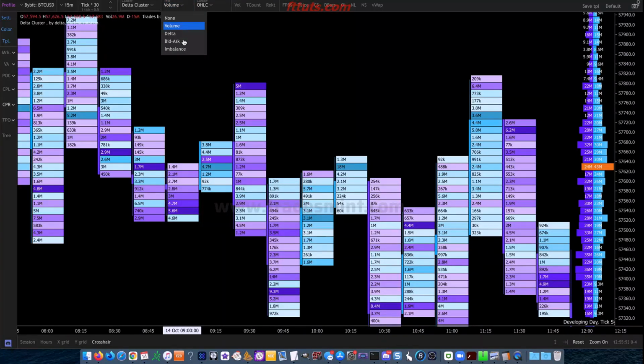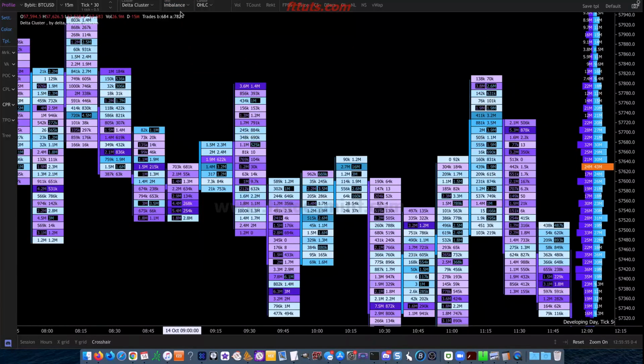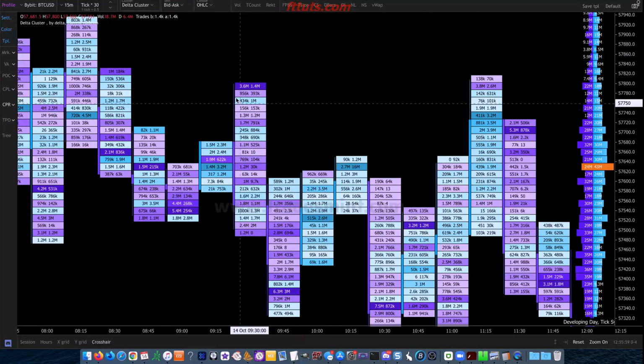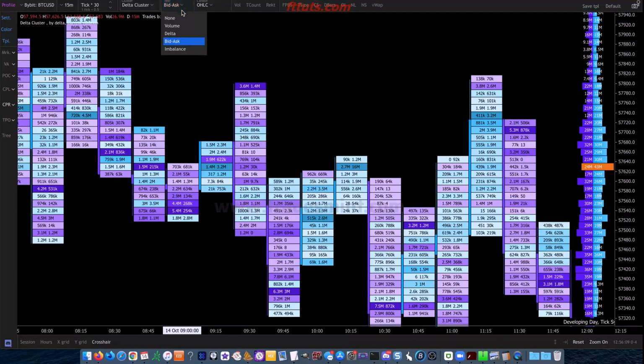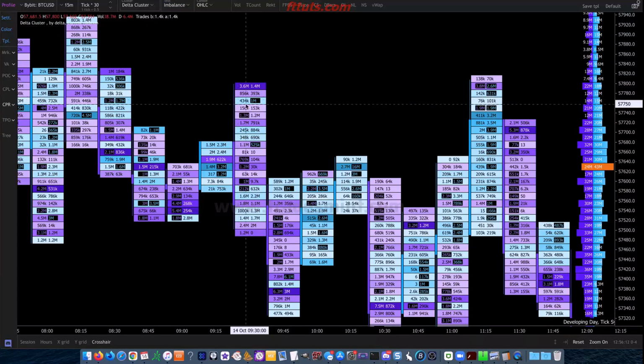I like to put the text on imbalance. We're going to get into this more later, but imbalance and bid-ask are the same thing. We can look right here and see that the bid-ask information is right here. And if I go ahead and put on imbalance, all it does is highlight certain areas for me.